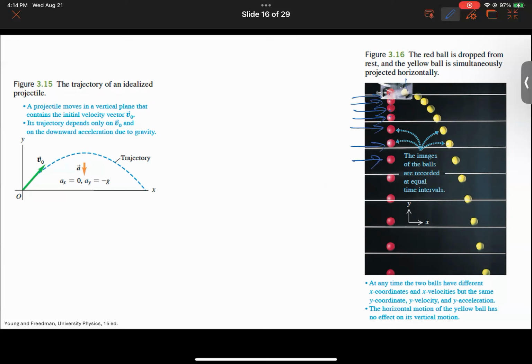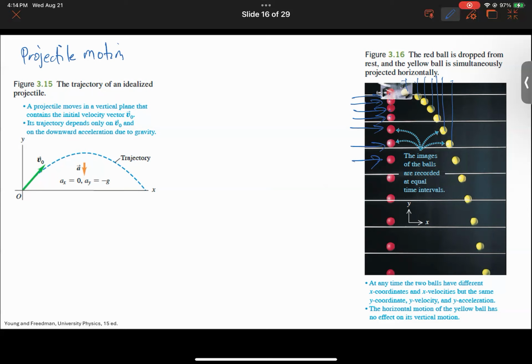Pero kung titignan nyo along the x-axis, pare-pareho lang yung displacement along the x-axis. Okay, so this type of motion is called projectile motion. And yung object na binabato nyo is a projectile.